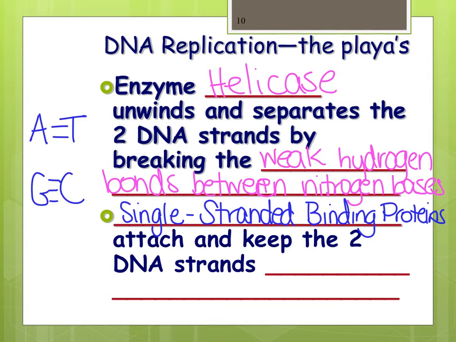It's a double helix, two strands attached to each other, and DNA is most stable in that double helix. So single-stranded binding proteins attach to help keep those two DNA strands separated and untwisted. They're going to want to go right back together, so the single-stranded binding proteins are there to keep them pulled apart.